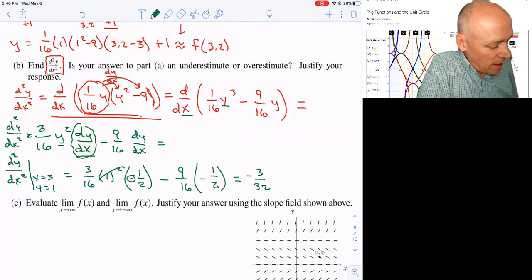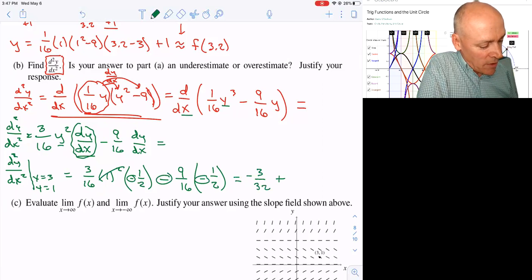Don't forget that negative. So 3/16 times 1/2, negative 3/32. Okay, now plus the second part here. It's plus because my two negatives there cancel out and make it positive. This is going to be 9/32.